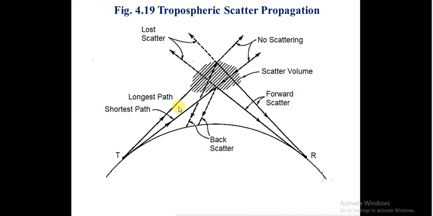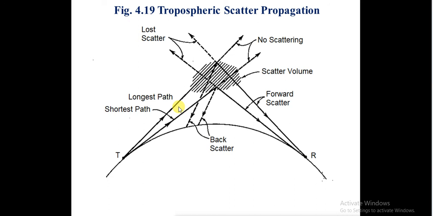The application is long distance telephonic communication without the use of microwave links, or where link establishment is very difficult. The distance between the transmitting and receiving antenna is around 300 to 500 kilometers. This type of propagation is subjected to fading, and this is the disadvantage. If there is high fading of around 20 dB, we require a high power transmitting antenna.